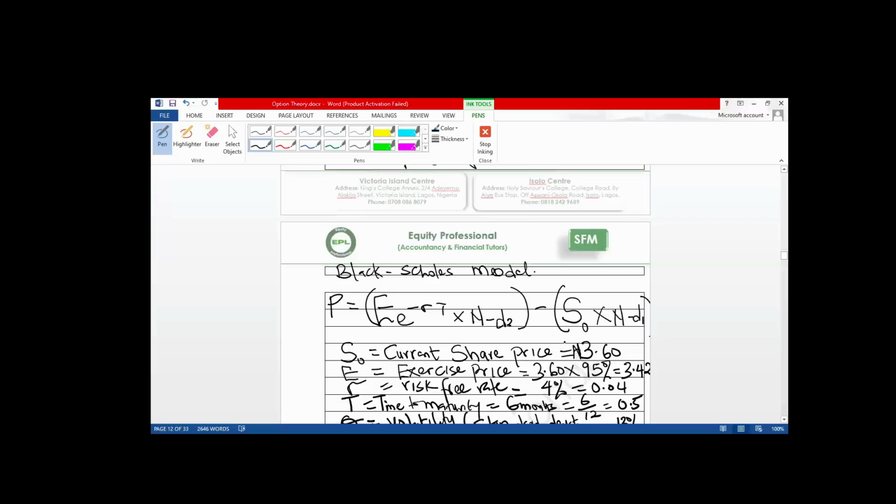So what is guiding us is the formula. You know the capital letter E, the small letter R, the T, and the S0. What we are trying to get is N(D2) and N(D1).